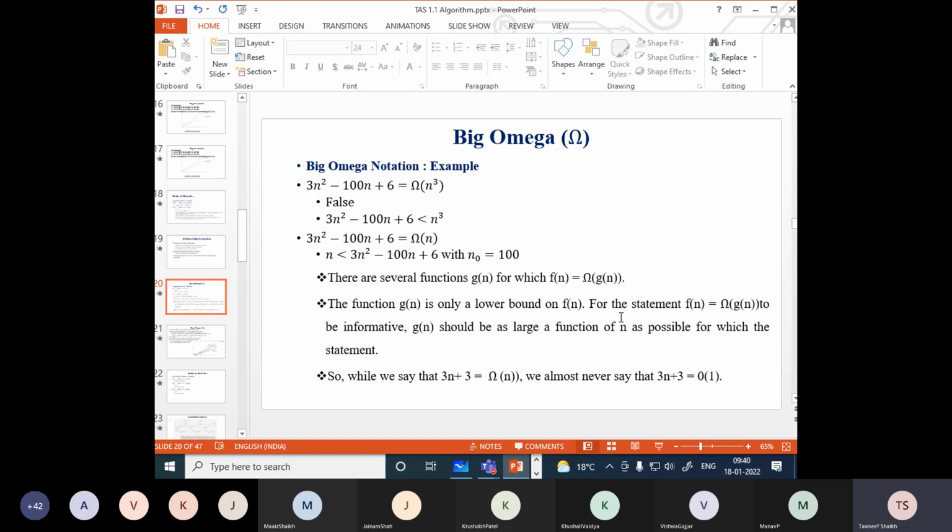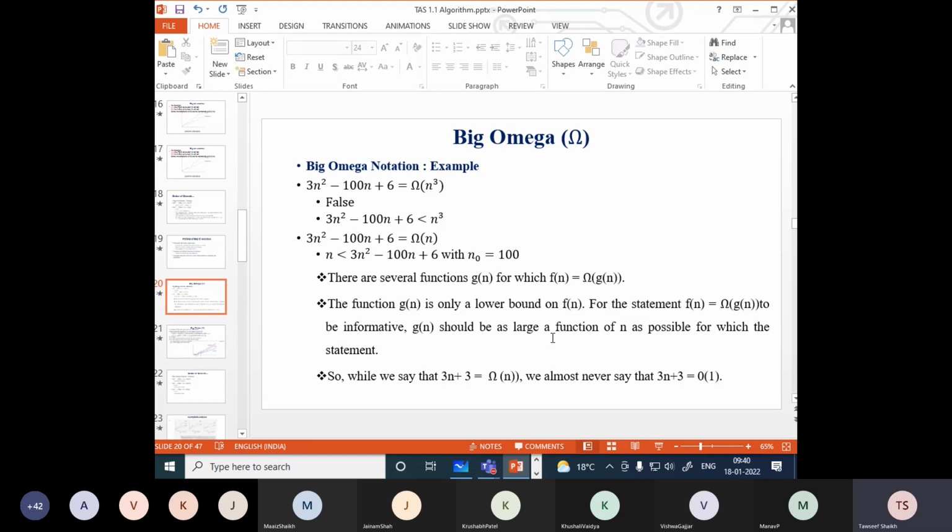Like in the case of big O, there are so many functions which satisfy the condition, but we take the one which is upper, and inside that upper bound we take the one which is least in nature. Here the thing is reversed. We take the one which is large but on the lower side of that function.